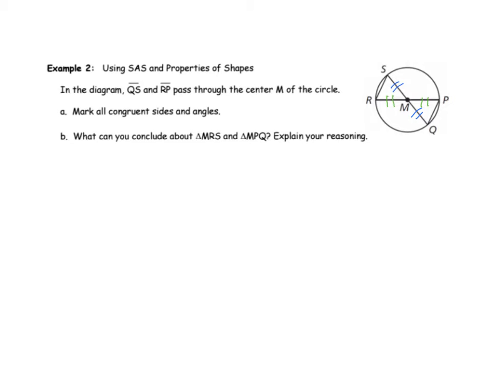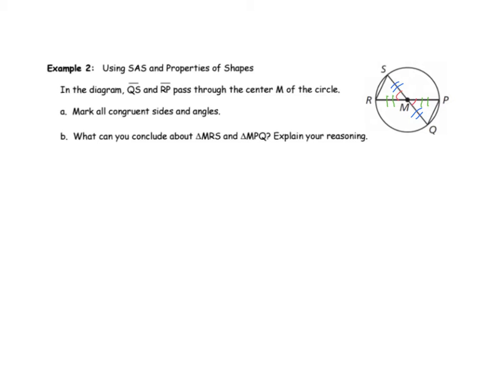And then, do we have another angle that's technically the same? Hopefully you guys are recalling an angle pair that we do know, which are ones that are located across from each other, which are our vertical angles. So we actually have a pair of vertical angles. So we've marked all our sides and angles that are congruent.